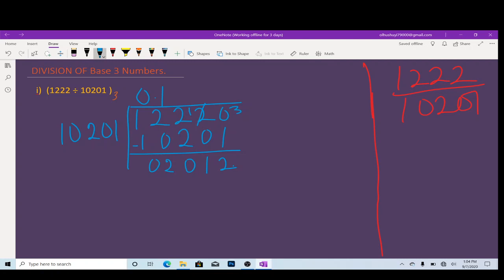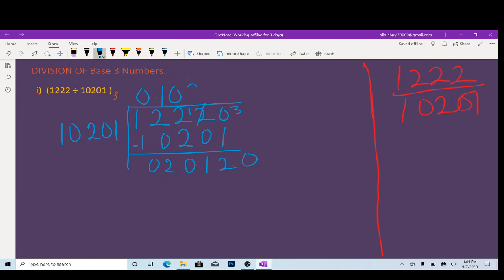Then 10,1020 in 2012. Is it possible? It's not possible. All you have to do, put 0 here so you can add 0. You cannot divide. Then this is 20,000. It's 10,000 and something. So this will go here twice.